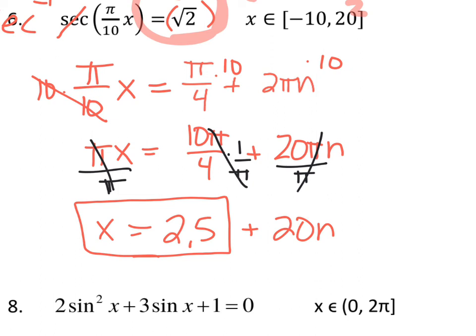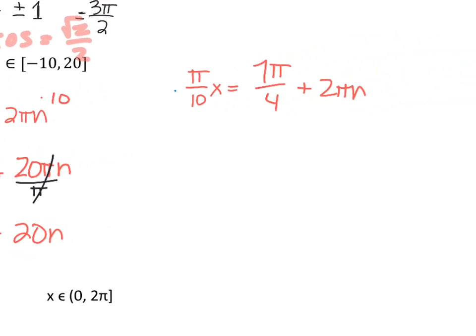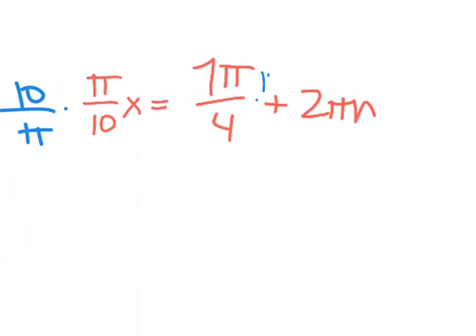Okay, now let's go back over here and do a similar thing with our other side. We're going to multiply by 10 and divide by pi all at the same time because I think you can handle it, mostly because all the pi's do is cancel out.